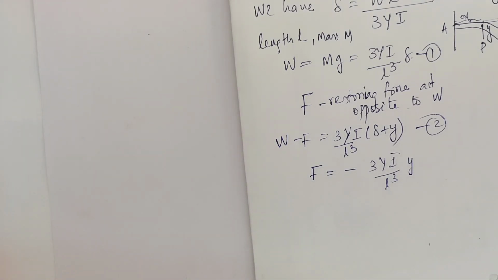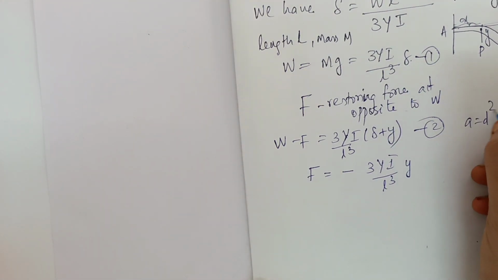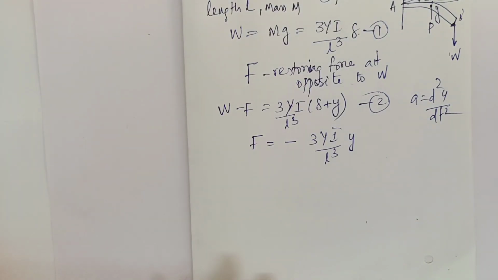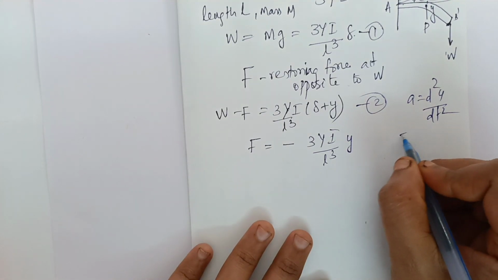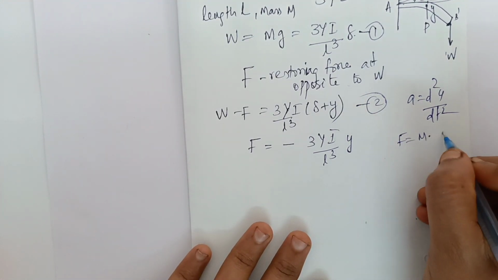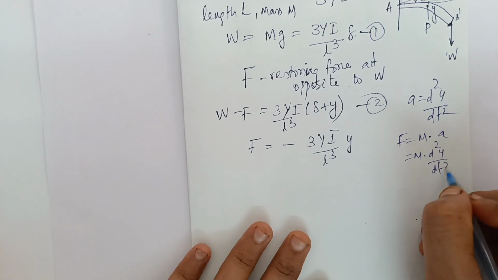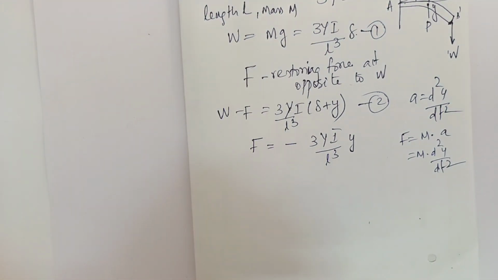So let d square y by dt square be the acceleration that is produced. Then what is force? Force is equal to mass into acceleration. So how can we write this equation?